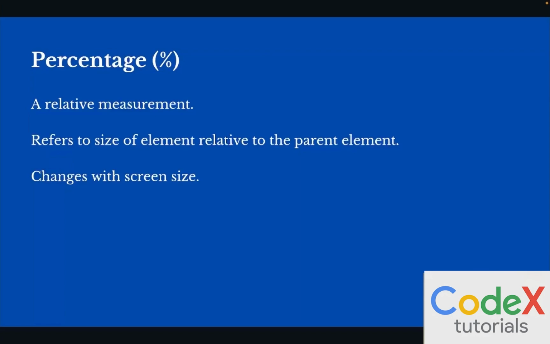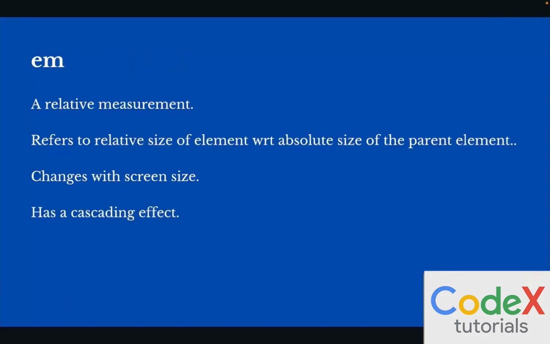This is essentially how the percentage calculation is done in CSS, and this in turn means that once the screen size changes, the percentage value will also change. We'll see an example of what we mean by it, but just understand that percentages are a really good way to calculate something which is responsive in nature. That means it changes depending on the screen size.